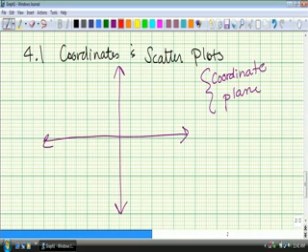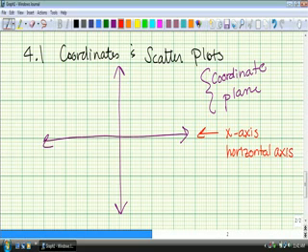The coordinate plane is made up of 2 things. What is that called? X-axis, or we can call it, no, it starts with an H. The horizontal. Good.